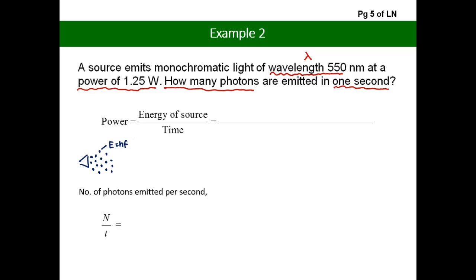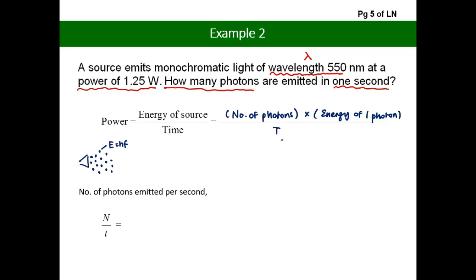So we can express the power, which is the energy per unit time emitted by the light, in terms of the number of photons multiplied by the energy of one photon.